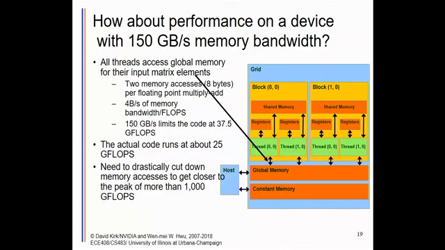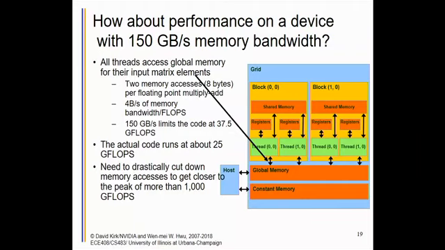And the kind of technology that goes into that memory system to give you that 150 gigabytes per second is amazing. But if you look at it from the computation point of view, 150 gigabytes per second is only 37.5 single precision floating point operands per second, because every single precision floating point operand is 4 bytes.